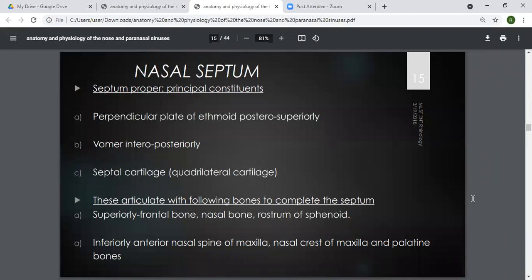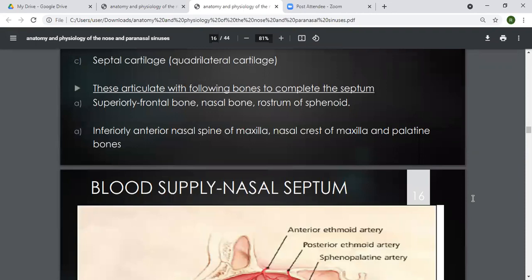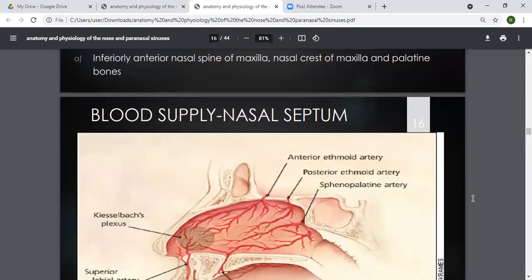Superiorly, these articulate with the frontal bone, the nasal bone, and then the rostrum of the sphenoid, as we saw in the picture above. Then inferiorly and anteriorly, there's the nasal spine of the maxilla, the nasal crest of the maxillary bone, and then the palatine bone, which is inferior.